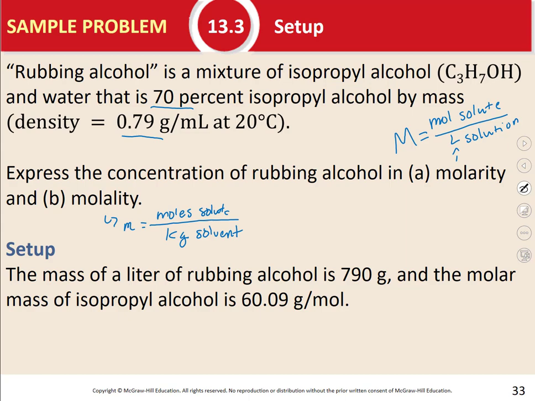And the other thing we're given is the molar mass of isopropyl alcohol, which is 60.09 grams per mole. So that will be useful in converting from its mass to its number of moles.